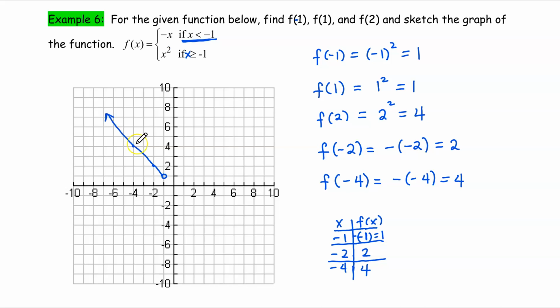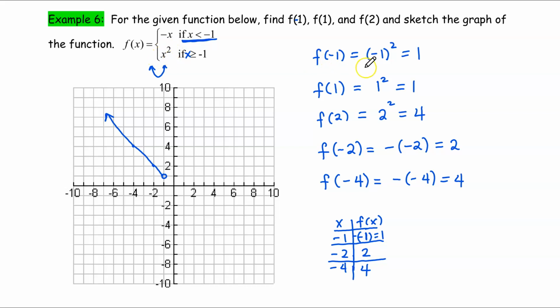All right, now for x greater than -1, we have this parabola here. We know that it would look like this. So the curve here, the graph would look like that for x squared.